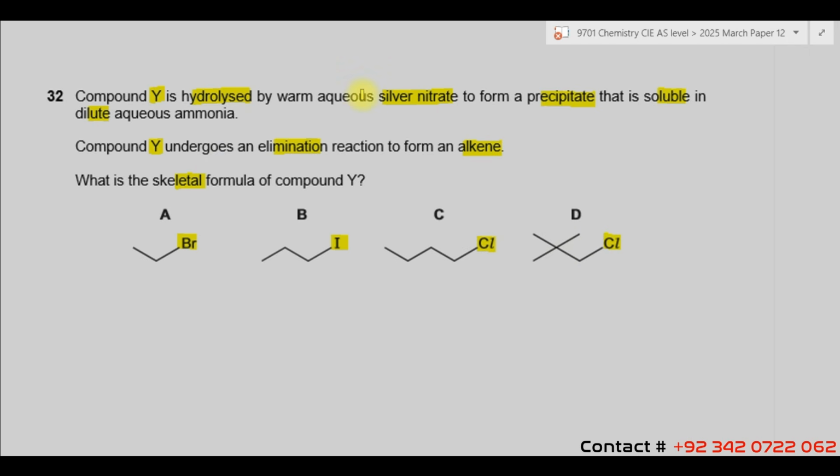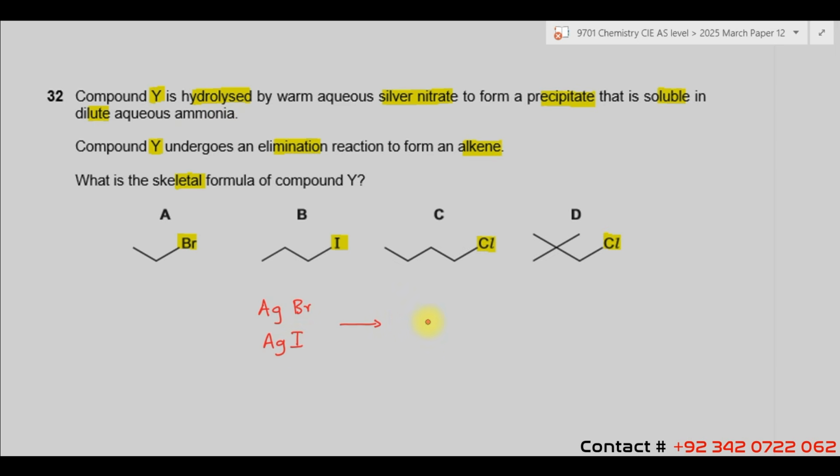Okay, so when they are hydrolyzed by silver nitrate, they will form respective silver compounds AgBr, AgI, AgCl for these two. So AgBr, AgI for A and B, these precipitates are formed, and it says it should be soluble in dilute aqueous ammonia.